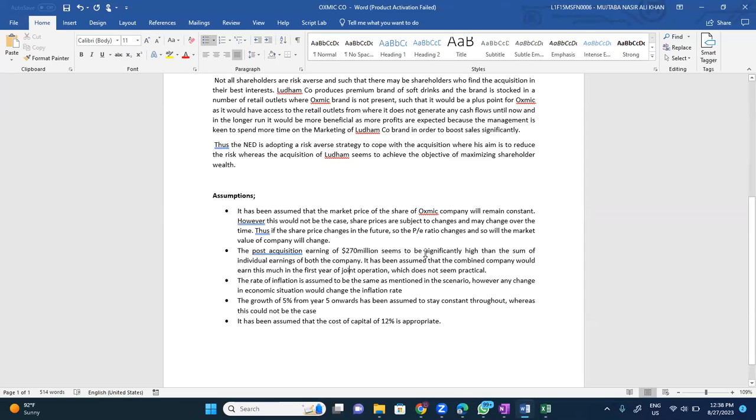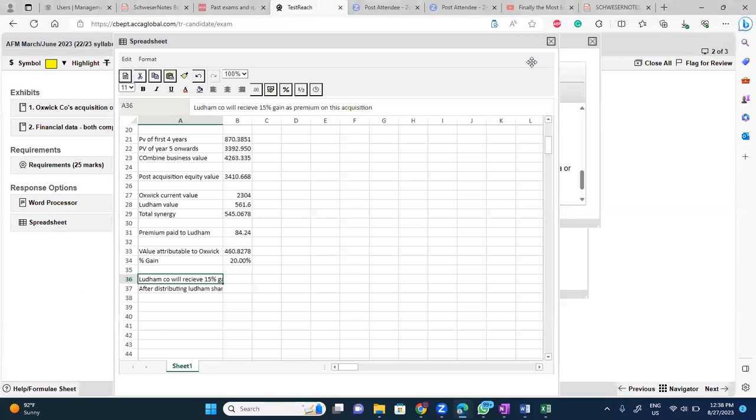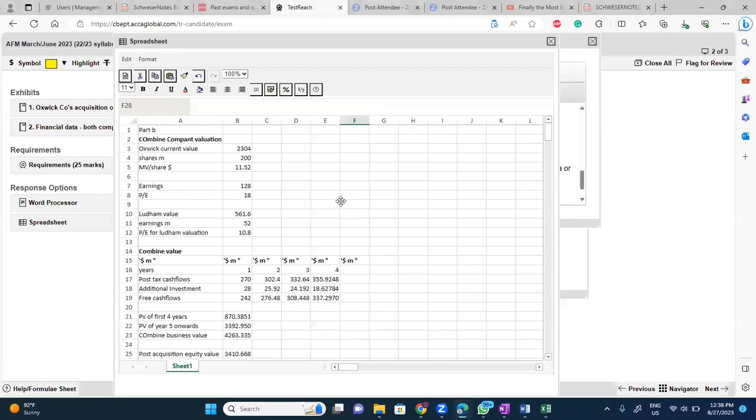Post-acquisition earnings of 270 million seem to be significantly higher than the sum of the individual earnings of both companies. Huh? I think you have written that. Okay. Combined, what is the combined earning? 128 plus 52, 180 million.